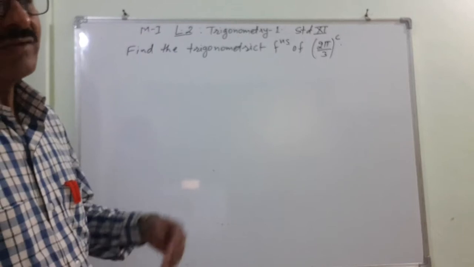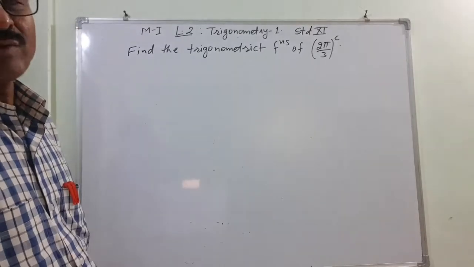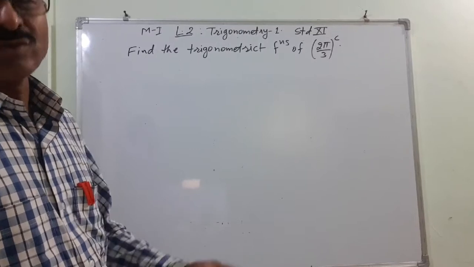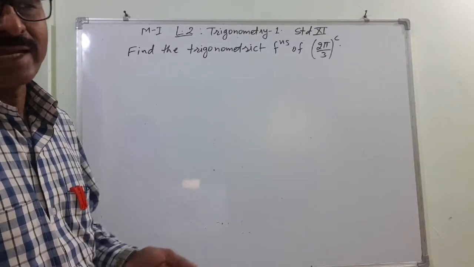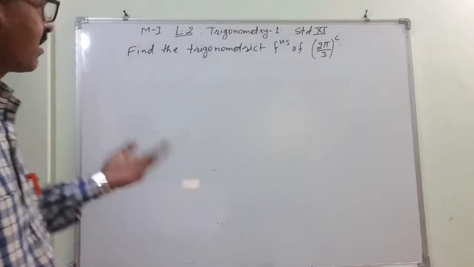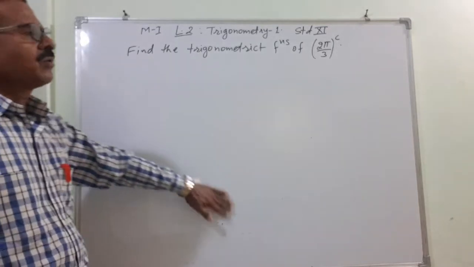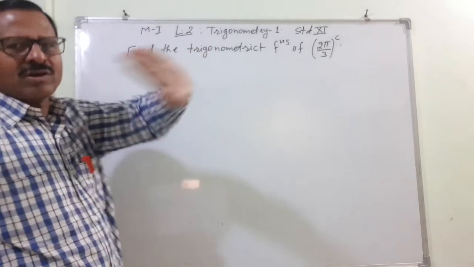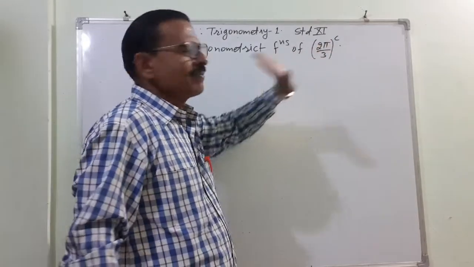And then the inverses of this, means the multiplicative inverses of this. Sine's is cosec, cos's multiplicative inverse is sec, and tan's multiplicative inverse is cot. That is not important. Okay. So basic trigonometric functions are sine, cos and tan. 2 pi by 3 is the radian measure.